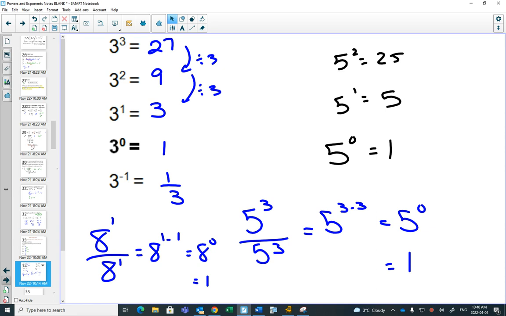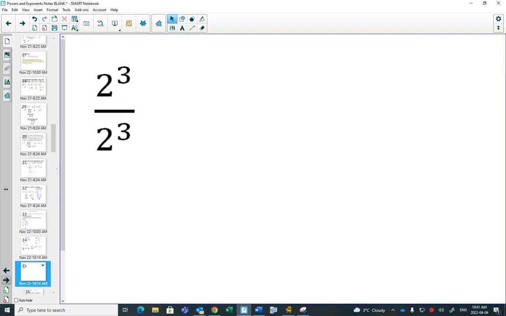But it's kind of neat that we can see different rules applied in different situations, even in simplistic ones. So, 2 cubed divided by 2 cubed. That's 1. I think that's at the top of your page.